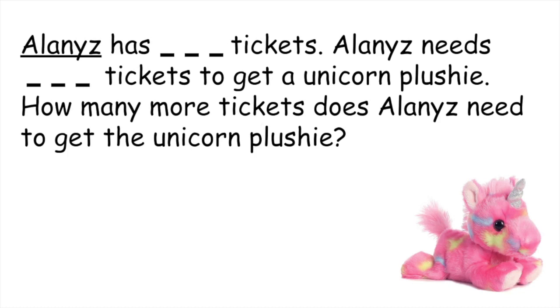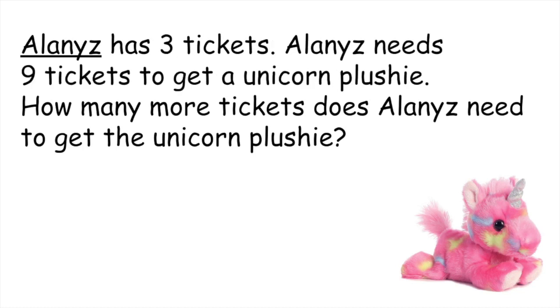Now I'm going to add in our numbers. Listen as I read the problem with our numbers. Alanis has 3 tickets. Alanis needs 9 tickets to get a unicorn plushie. How many more tickets does Alanis need to get the unicorn plushie?